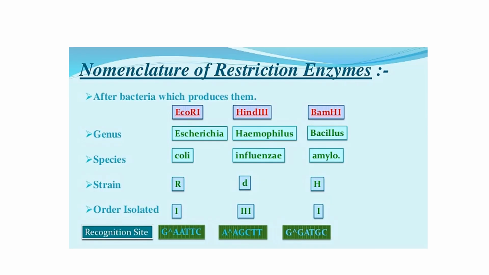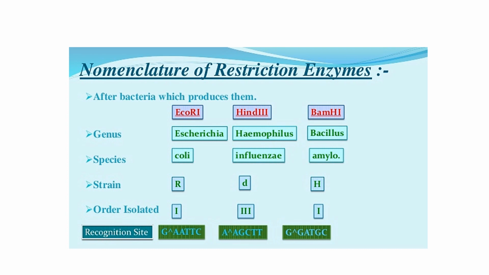See here the naming of other restriction enzymes: EcoR1, Hind 3, BamH1. In EcoR1, E is derived from the genus Escherichia, co from the species coli, R for the name of the strain, and I for the order of isolation.